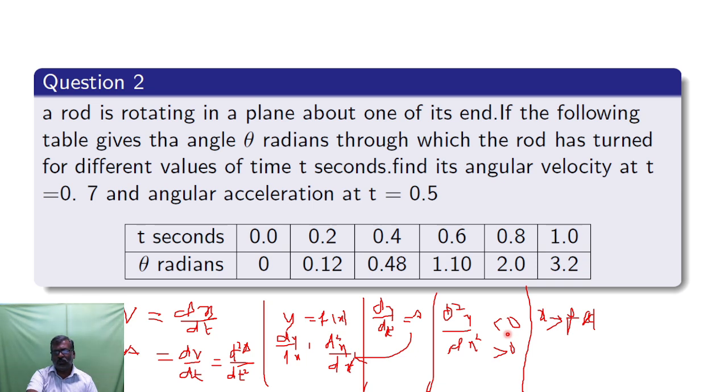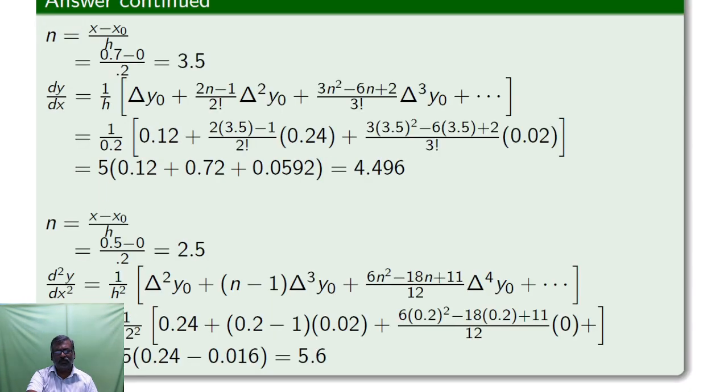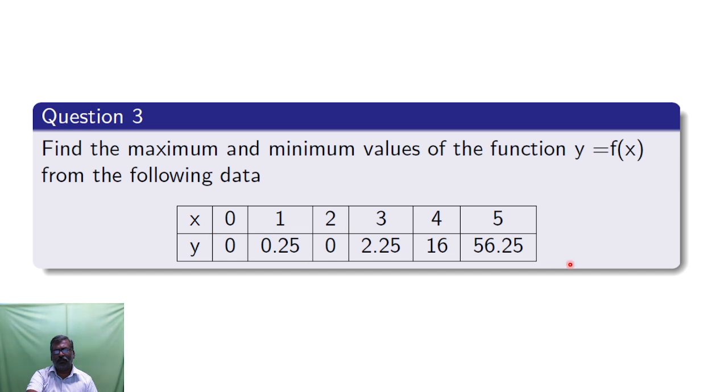Less than 0, don't forget it. d squared y by dx squared less than 0 means the function is a maximum, greater than 0 means a minimum. To get the maximum or minimum value, substitute that x in your f of x. This is one process. After finding the polynomial, we can find dy by dx, d squared y by dx squared, etc., to get the maximum or minimum value.